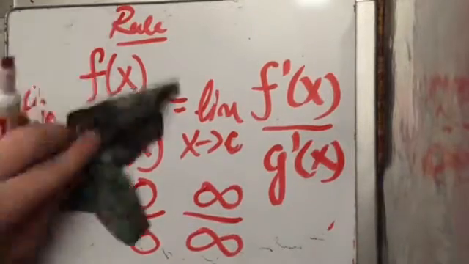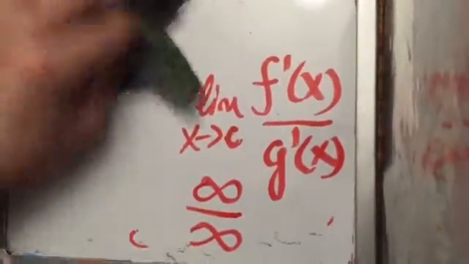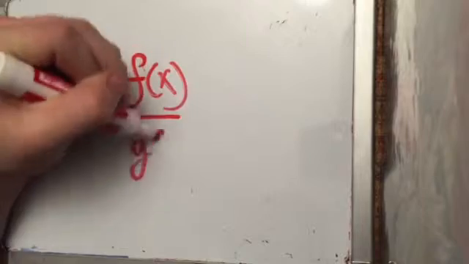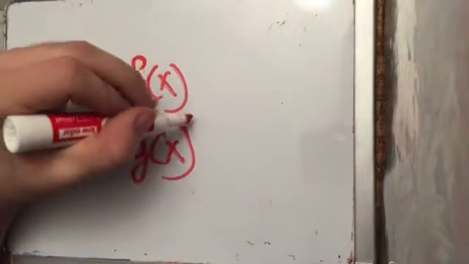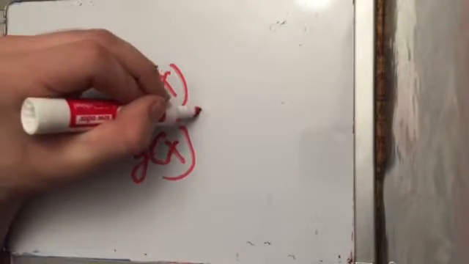You can use the rule incorrectly by applying the quotient rule, which is what you shouldn't do, because in L'Hopital's rule, the functions f of x over g of x are seen as two separate entities.